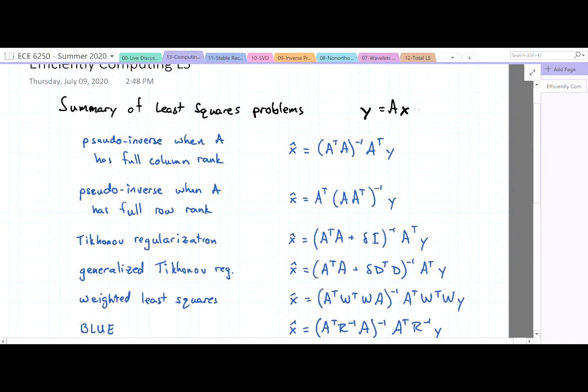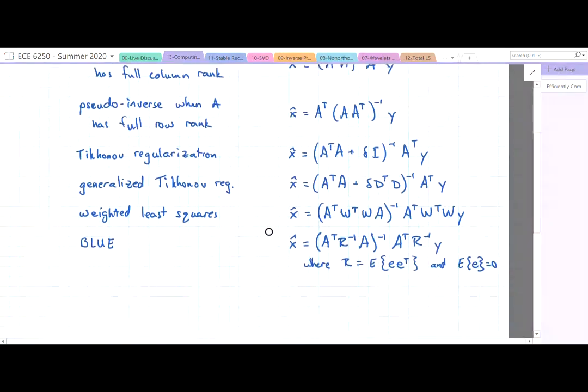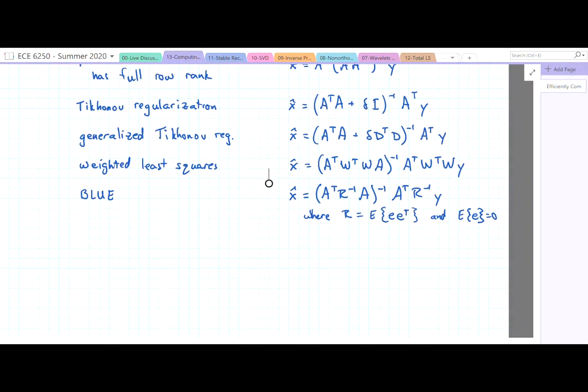So in that case, we would add in this error term up above. It's implied to be there, but in BLUE we have to explicitly take that into account.